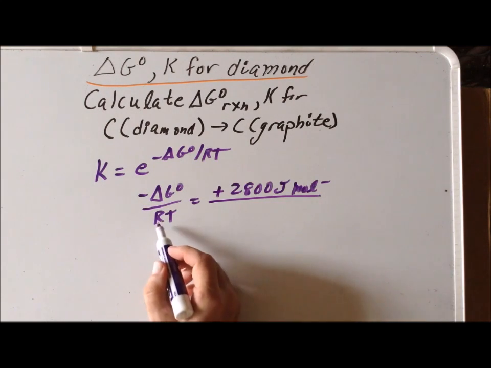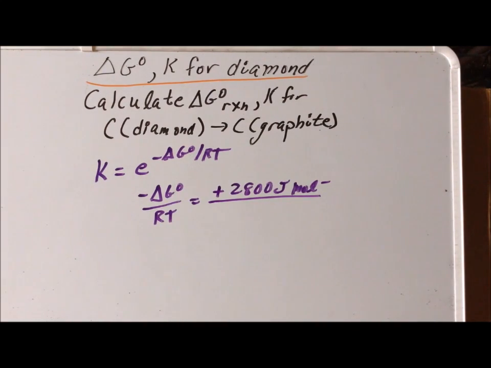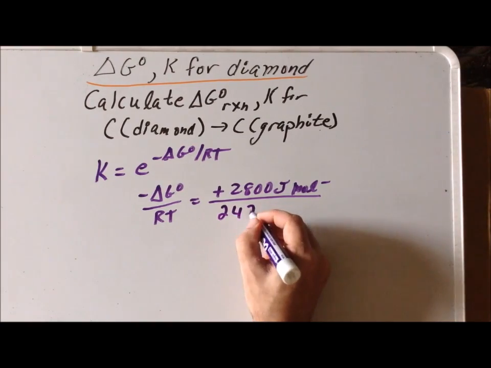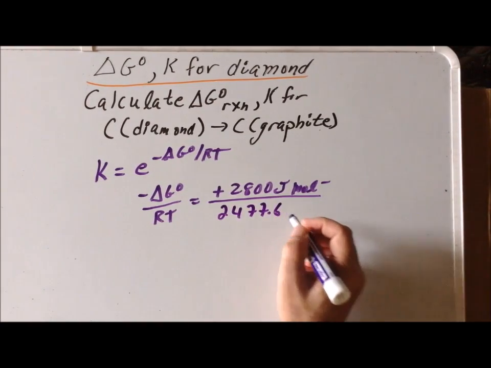If we multiply the gas constant R, 8.3144 joules per Kelvin mole, times 298.15 Kelvin, which is our 25 degrees centigrade, that gives a denominator of 2,477.6 joules per mole.